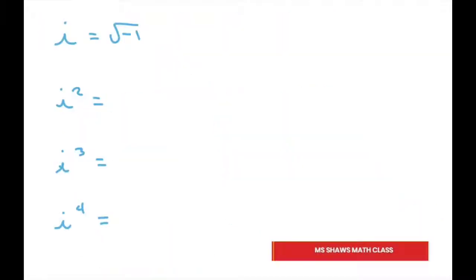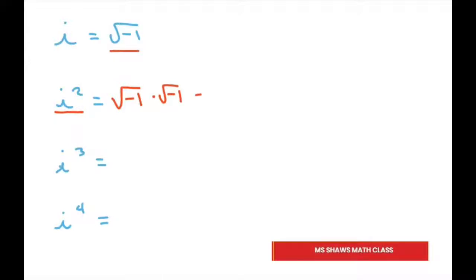So furthermore, we're going to look at more of these. We have i equals the square root of -1, and so what is i squared? Well, i squared is two of these, so you just write it down twice, the square root of -1 times the square root of -1.